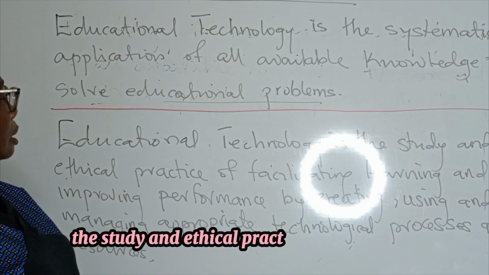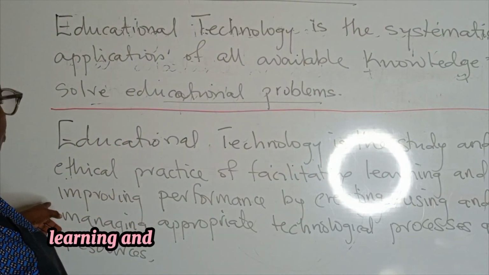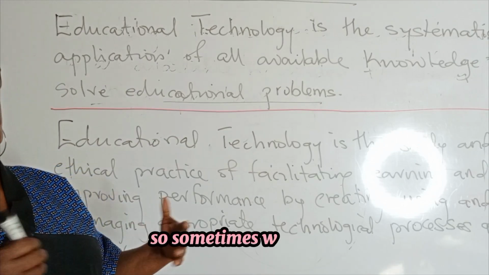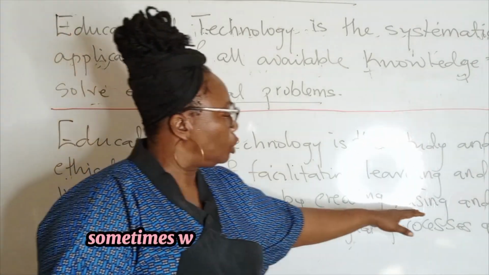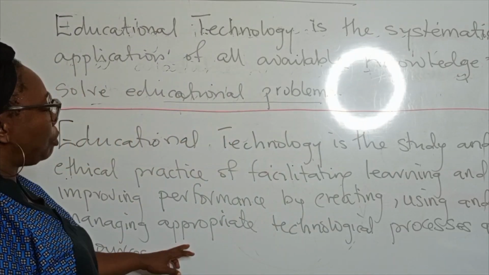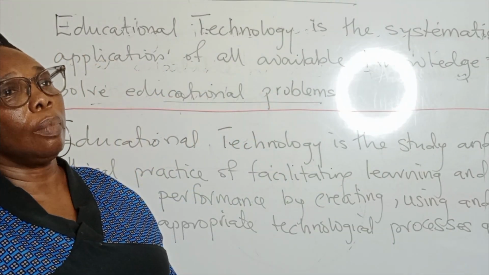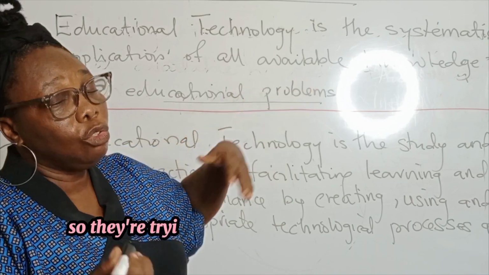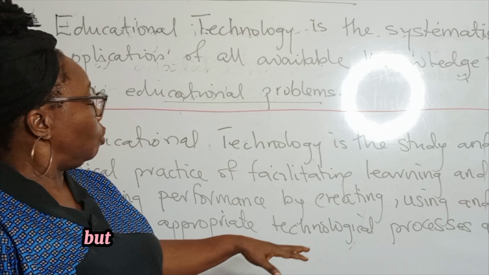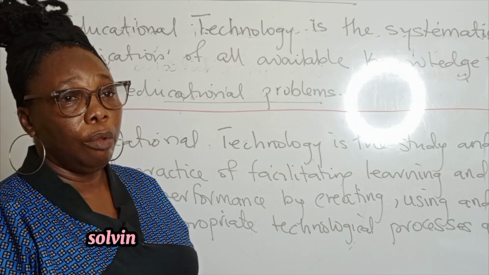ethical practice of facilitating learning and improving performance by creating, so sometimes we create, sometimes we just have them available and we use, and managing appropriate technological processes and resources. So they're trying to remove the emphasis on problems. But once you're dealing with technology, you're dealing with solving problems.